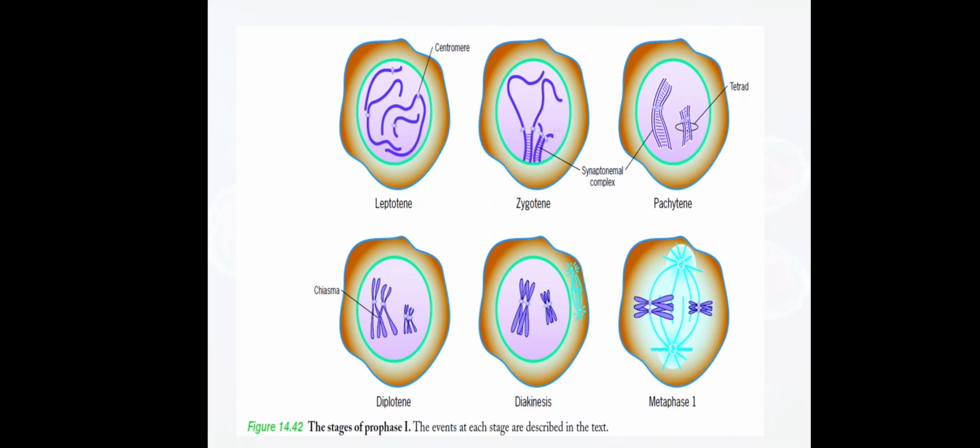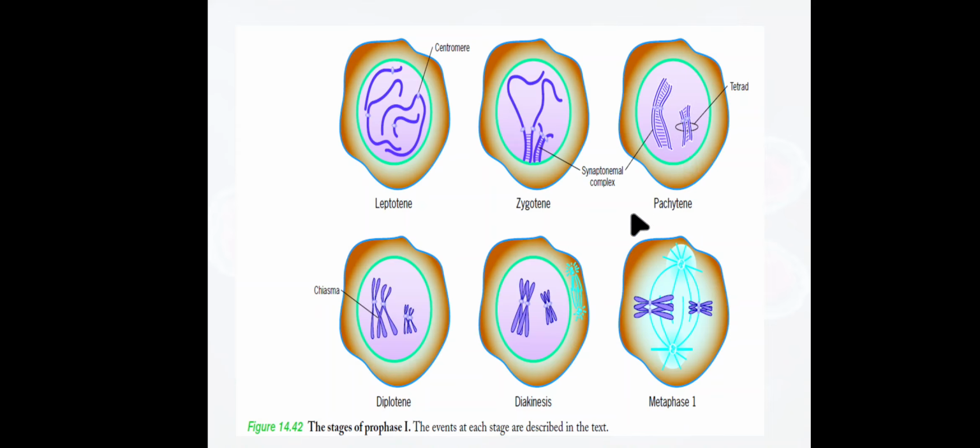It organizes or pairs the homologs of the same homologous chromosomes. In pachytene stage there is crossing over, a reciprocal exchange of equal and corresponding segments between non-sister chromatids.